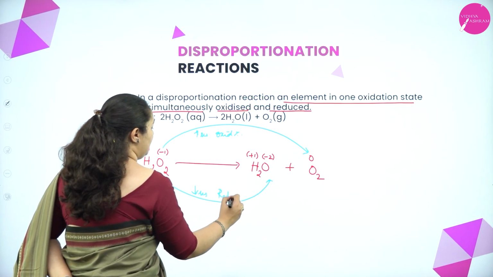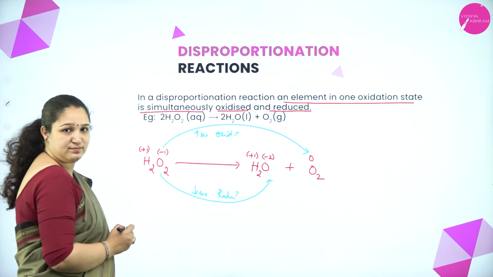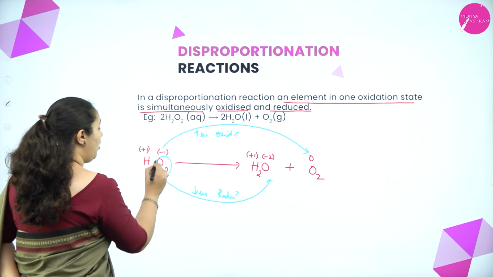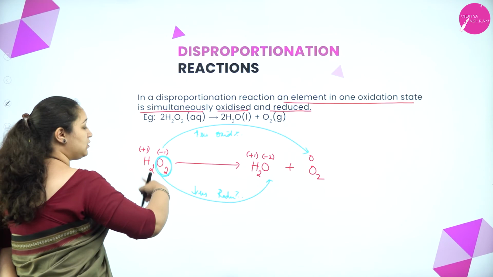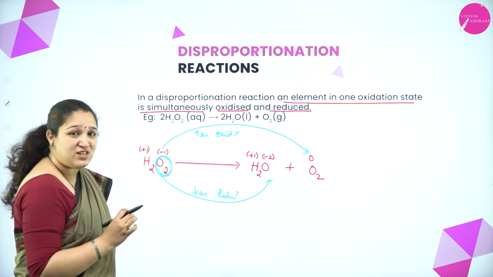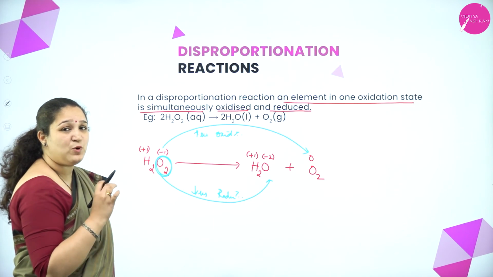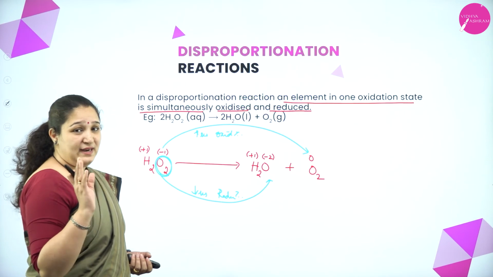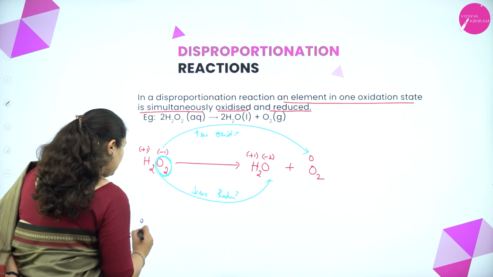So it is reduction reaction. But it's the same element. Which is the element? Oxygen is undergoing both reduction and oxidation. So such reactions are called as disproportionation reaction. We'll take one more example and understand this.